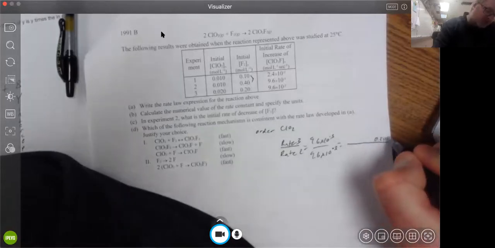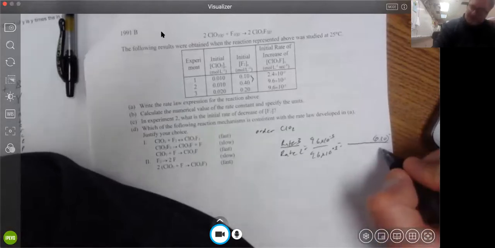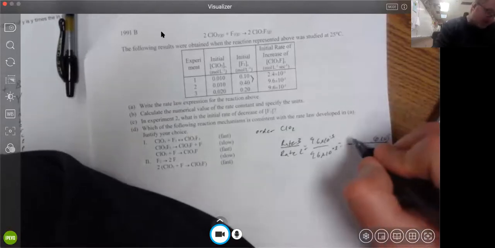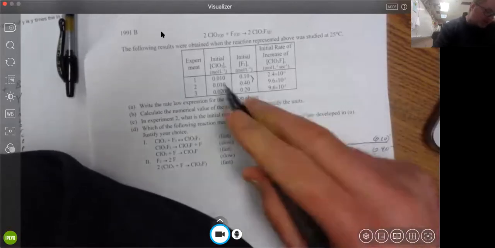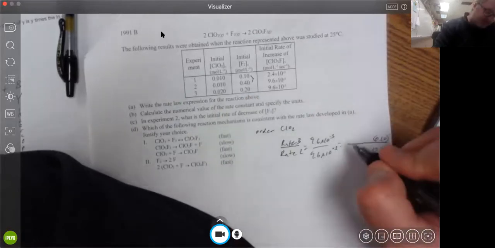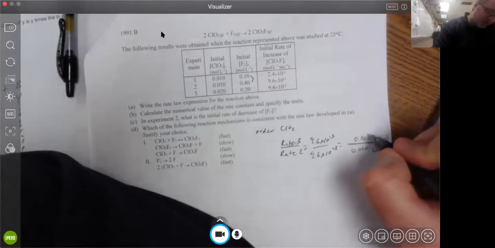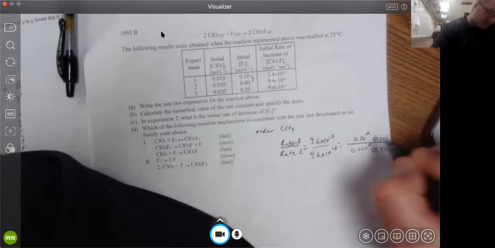So we'll have 0.20 to whatever F's order is, divided by 0.40 to whatever F's order is. And then the ClO2 will be the hard one. We'll have the 0.20 for that and the 0.10 for that, but we won't know this.